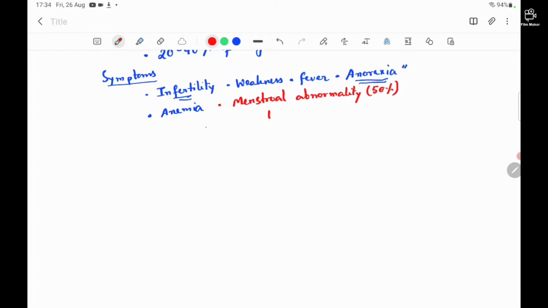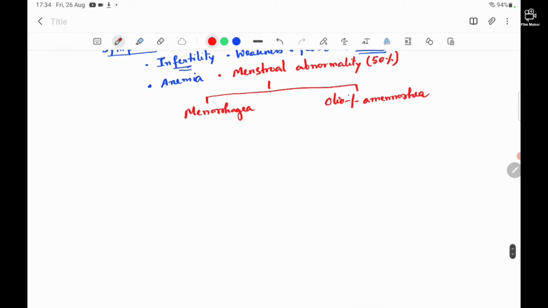Now this abnormality can be menorrhagia or oligo or amenorrhea. And there might be present vaginal bleeding postcoital.